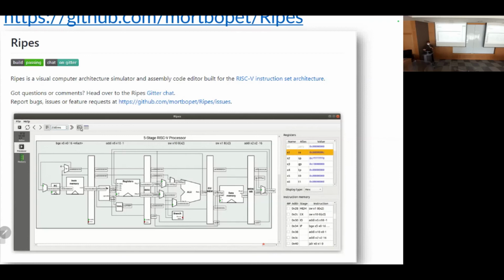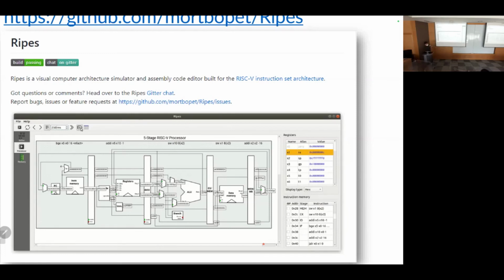This architecture is very similar to the 5-stage pipeline processor we learned in this course. The only difference is the location of the branch unit. In our textbook, the branch is resolved at the register stage, but in the Ripes tool, the branch is resolved at the execution unit. This is the only difference.